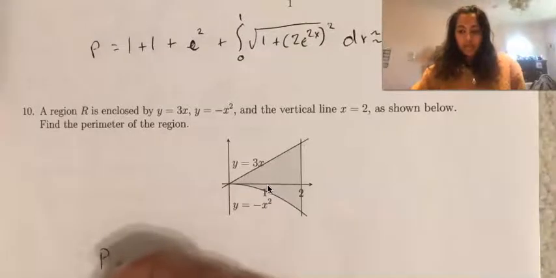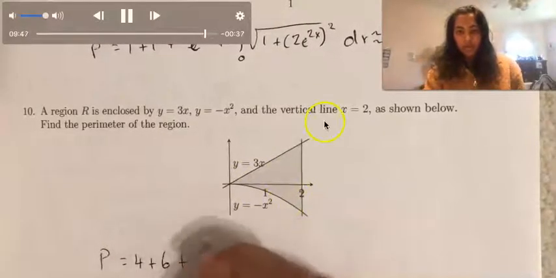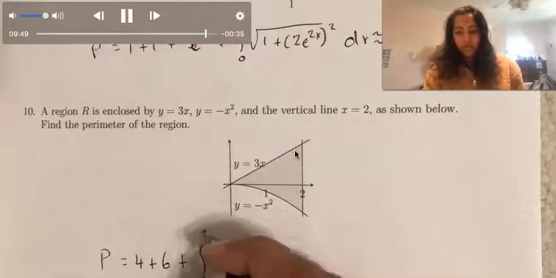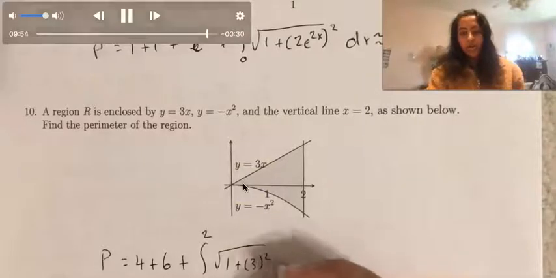So this one has 3 sides. There's a line, there's a curve, and there's the vertical side. So you have to use 2 integrals because this line isn't vertical or horizontal, but it's not hard still.